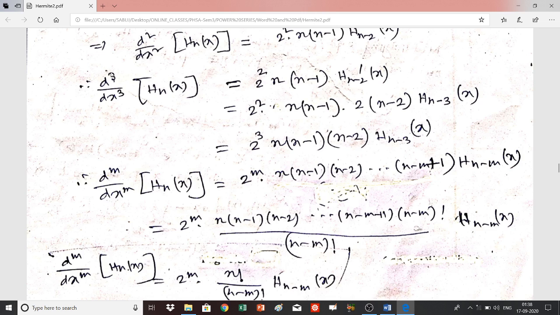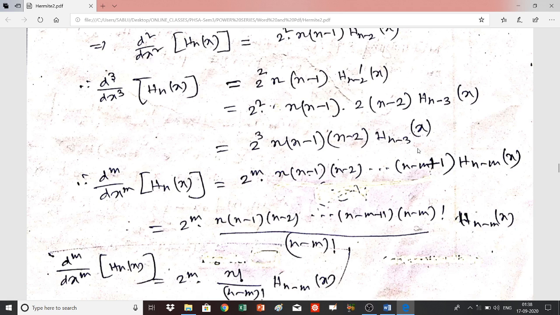less than this power. That means here the power is 3. So in this expression it will be n minus 3 plus 1, because here m is 3, so it is nothing but n minus m plus 1. That means the final term will be n minus m plus 1.